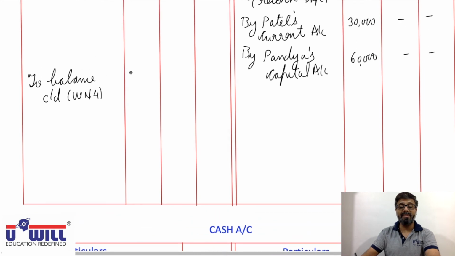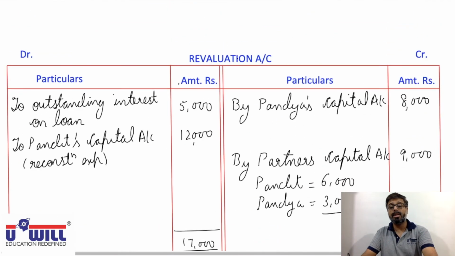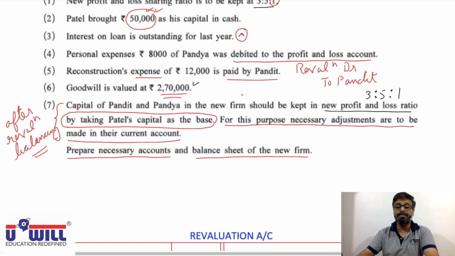Pandit 1,50,000, Pandya 2,50,000, and Patel, new partner of course, 50,000. So taking new partner's capital as base 50,000, now in the new firm Pandit's capital should become 1,50,000, and Pandya's capital should become 2,50,000. Now what do they say further?